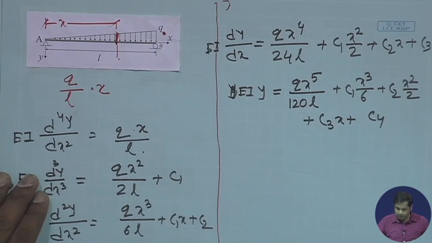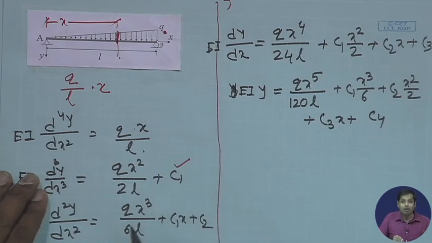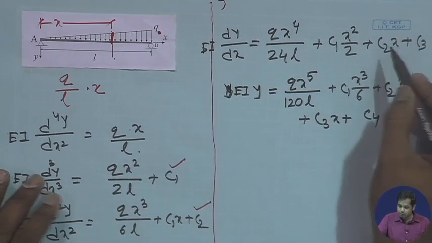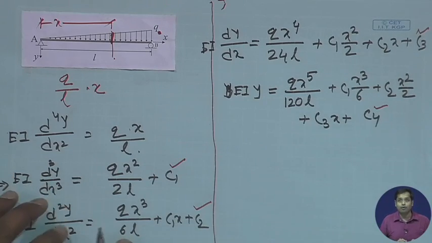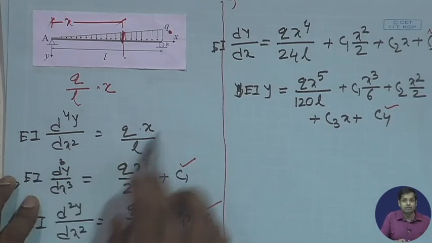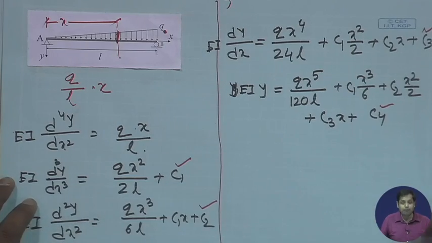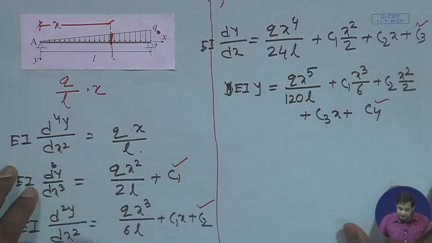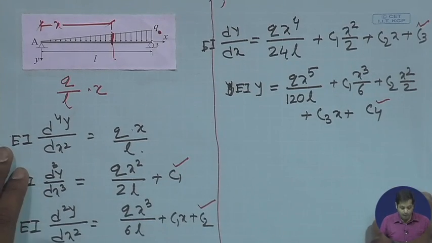So, we have now C1, C2, C3 and C4, 4 constants, which is justified because the equation was a fourth order equation. Then let us see how many boundary conditions we have.